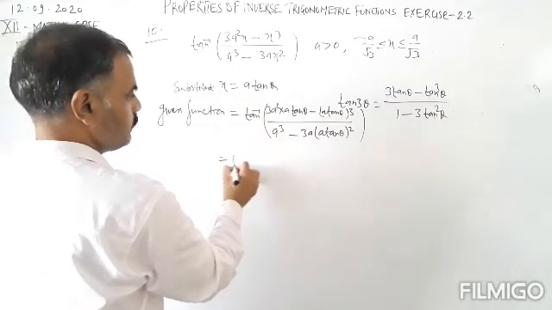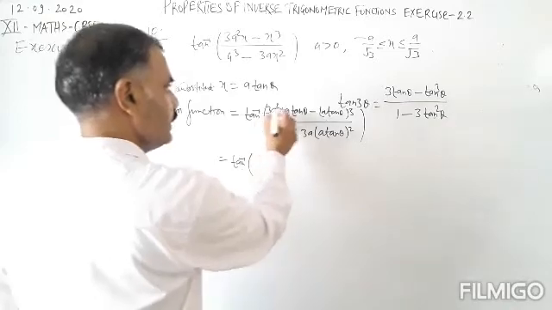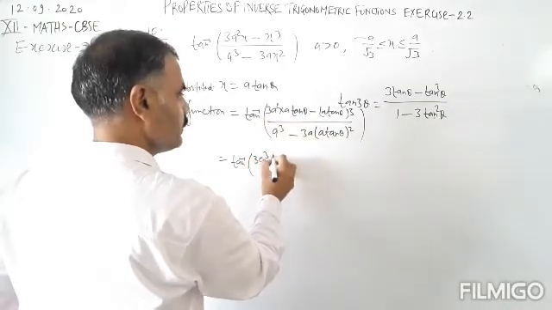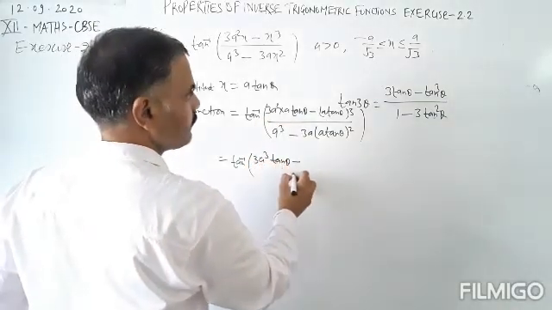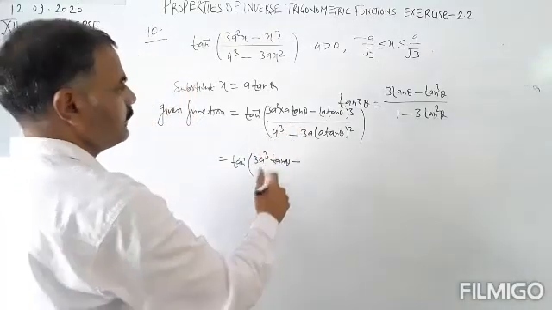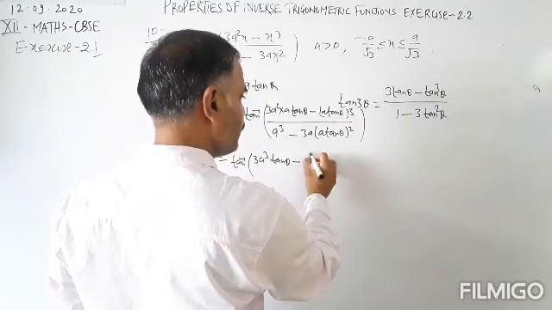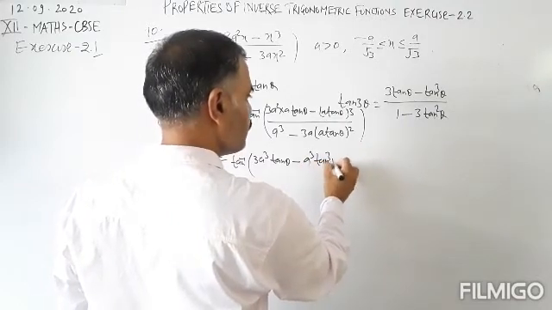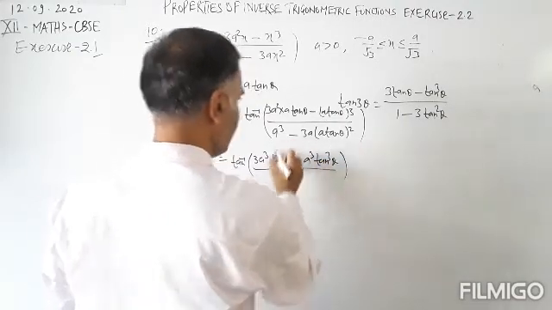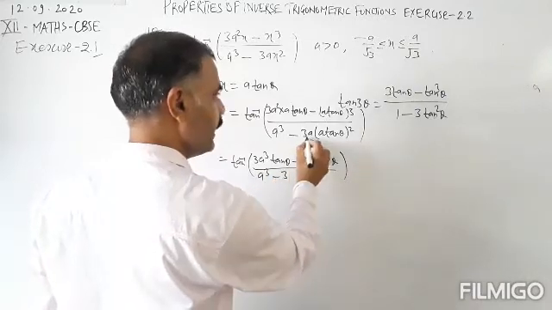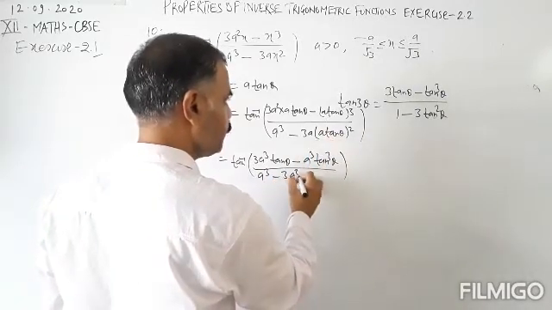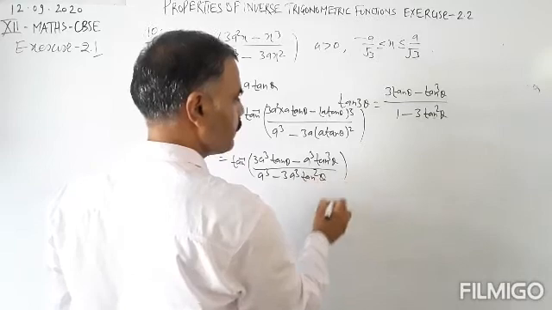Now this is equal to tan inverse of (3a³ tan θ − a³ tan³θ) divided by (a³ − 3a³ tan²θ).